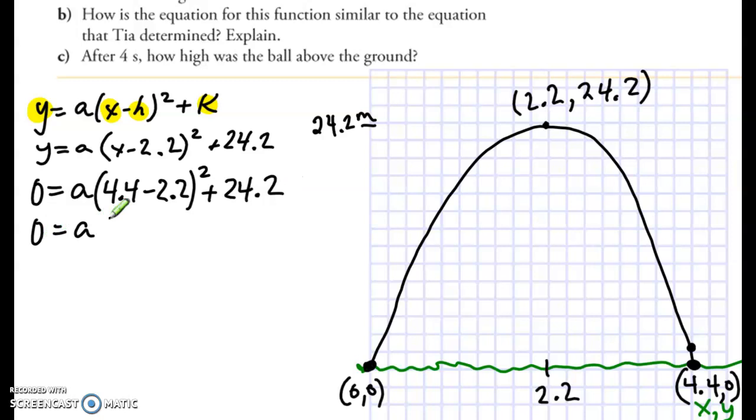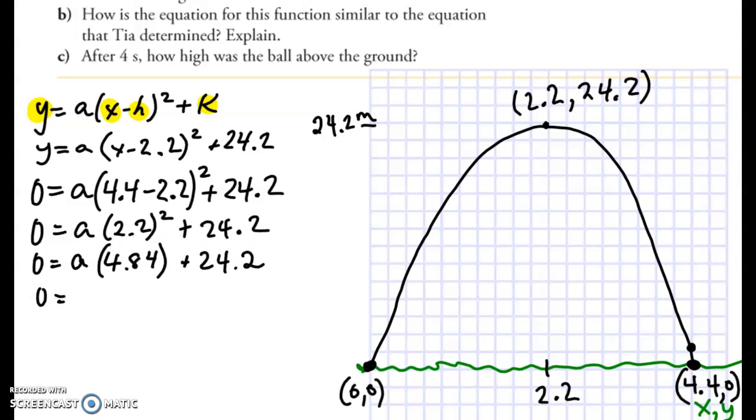We do, of course, inside the brackets first. Then we do exponents, which is 4.84 when I square that.